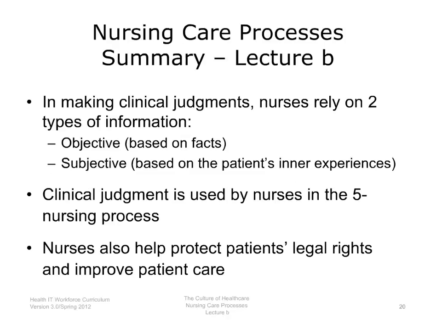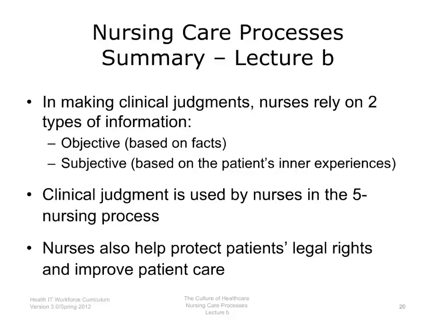This concludes Lecture B of Nursing Care Processes. In summary, nurses use clinical judgment to make the best decisions about patient care. Clinical judgment takes into account both facts, such as patient's blood pressure and pulse, and more subjective information, such as a patient's coping skills or cultural needs.